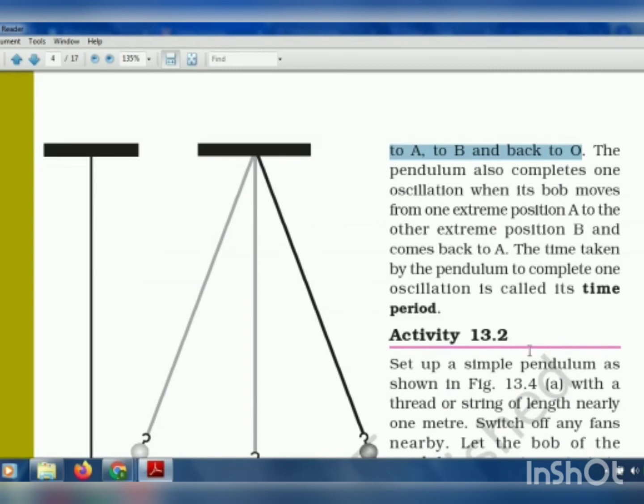The time taken for the pendulum to complete one oscillation is called the time period. That is, the time taken by the bob to come back to A when starting from A is called its time period.